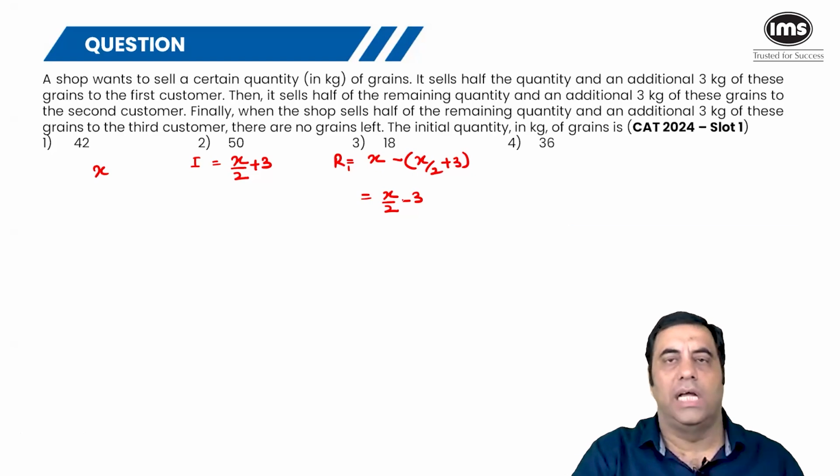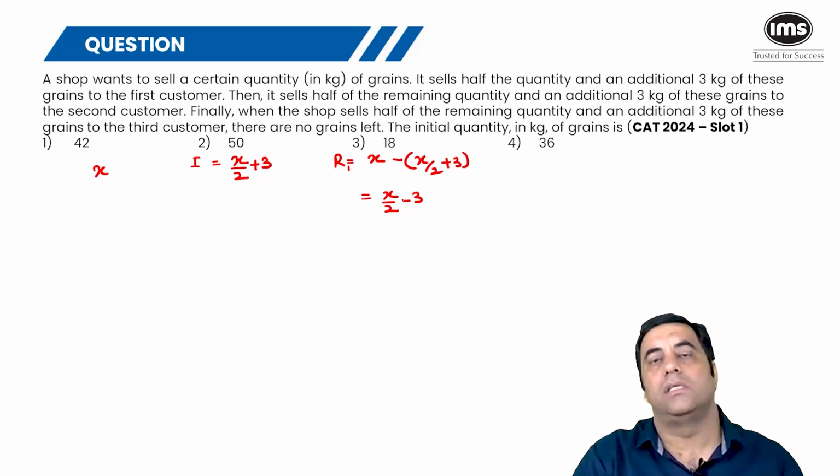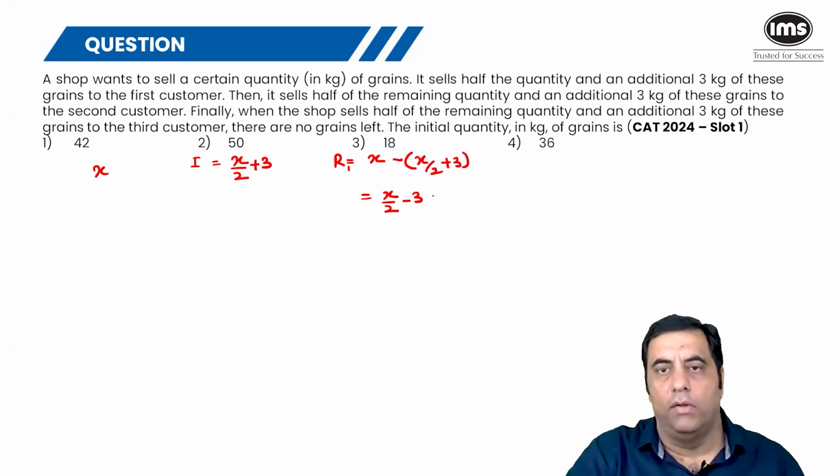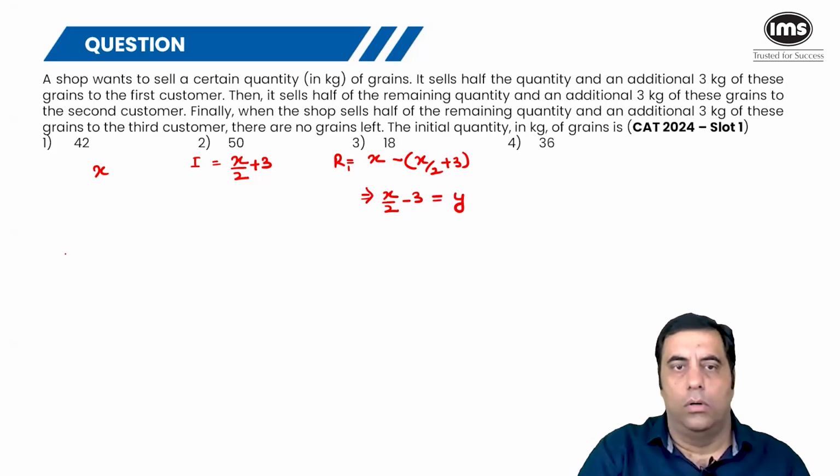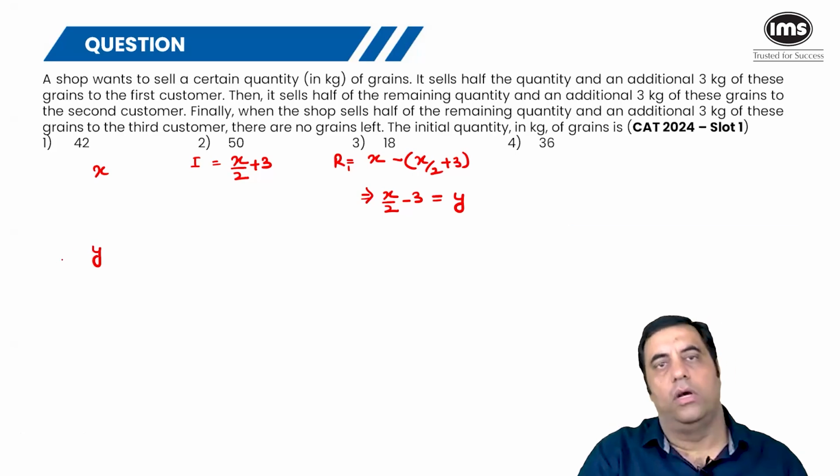We can directly say that half plus 3 is given, so half of that minus 3 is what I'm left with. At the end of giving to the first customer, this is the quantity left, which I'm calling y.